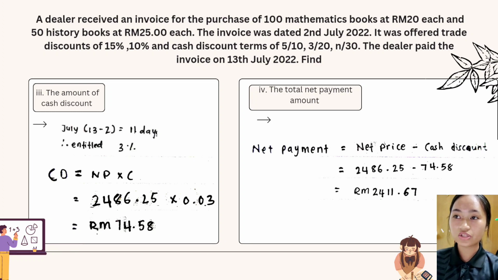The formula to find the cash discount is cash discount equals net price multiplied by C. So 2,489.25 multiplied by 0.03 equals 74 ringgit and 55 cents.